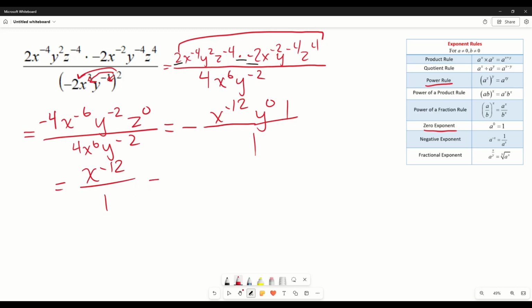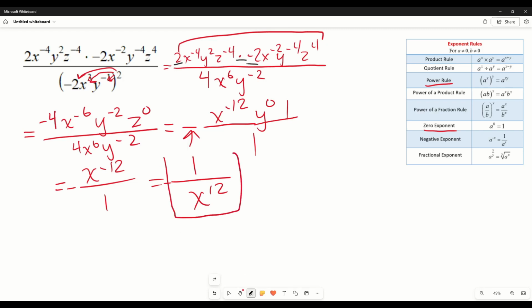So we're left with 1 over x to the 12th. But don't forget your negative sign, okay? So all right, the final answer is going to be -1 over x to the 12th power. It's going to be our final answer.